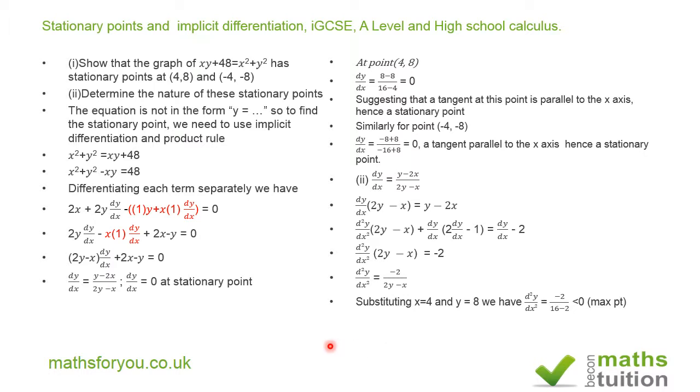Similarly, if we substitute x equal to minus 4 and y equal to minus 8 into our result for d2y/dx squared, we end up with minus 2 divided by minus 16 plus 4, and that will give us a positive value that's greater than 0. So that becomes our minimum point. So minus 4, minus 8 is a minimum point, and 4, 8 is a maximum point.